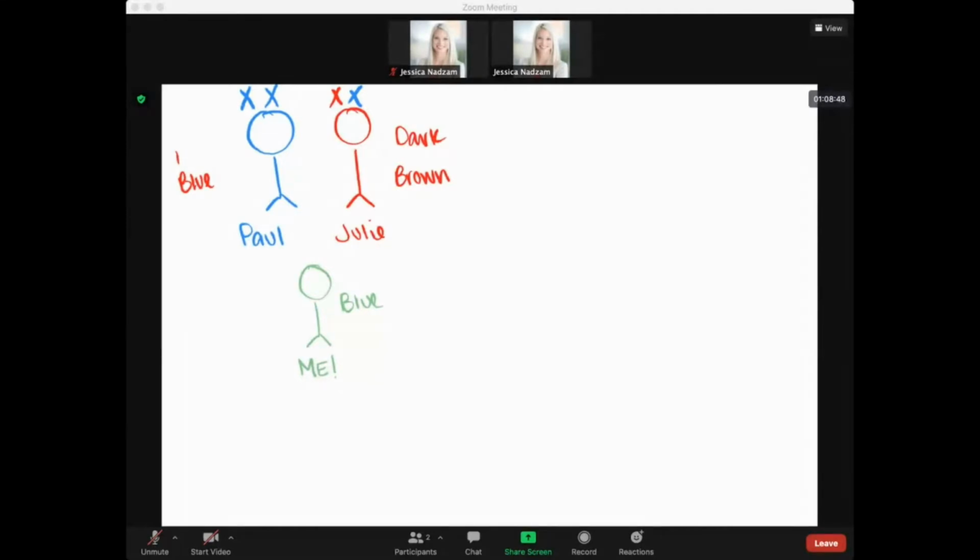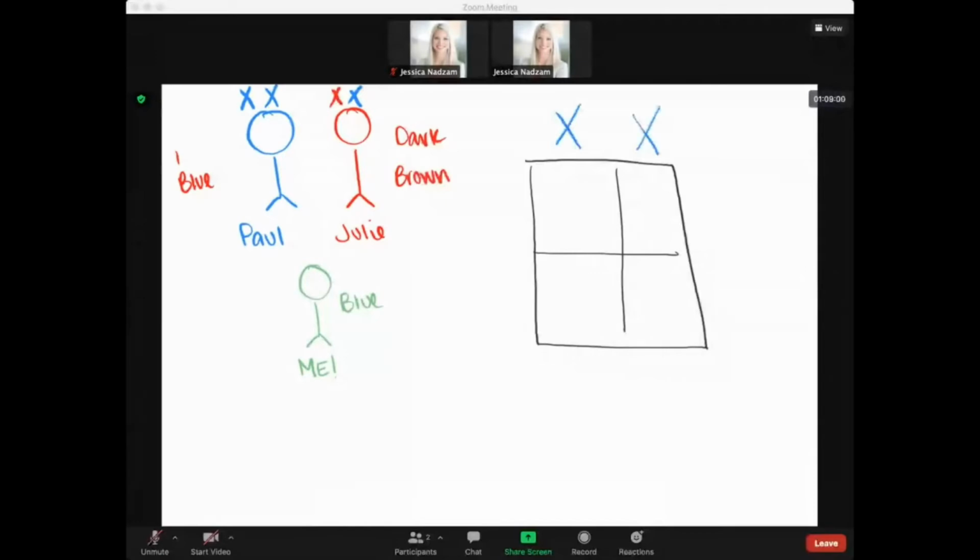remember, you can only give 50% of your DNA. So if we're looking at, say, eye color, we do our handy dandy little Punnett square. We've got my dad. We've got my mom. Okay. Now remember, that red one is what's associated with the dominant feature, the brown eyes that we're talking about here.